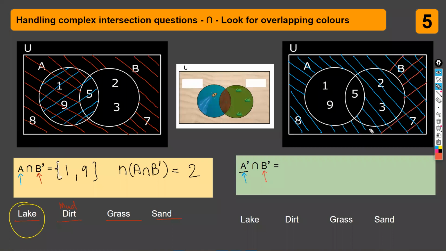Never ever going inside the B, not even the mud region, because the mud region has some affiliation with what? B. Right, so you see nothing inside the B circle has what? Red. Which region has both colors?